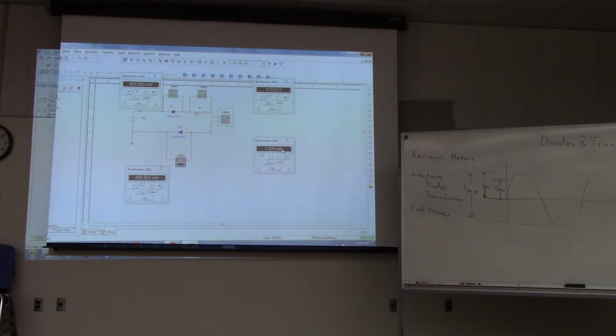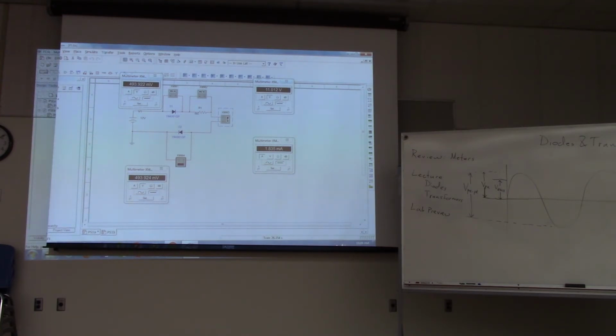Okay. So you're going to do that. Again, you're going to vary the voltage on the power source here, and again, you should see that the voltage across the resistor changes quite a bit, where the voltage across the diodes does not change very much.